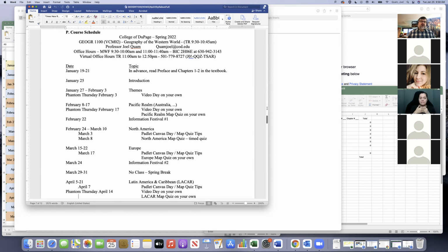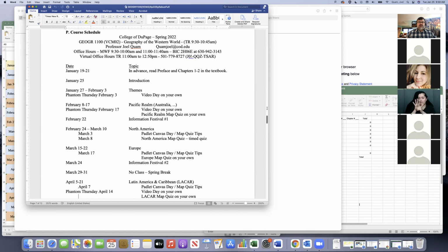From there, we'll go on to my first topic, which is called themes. We're going to do regions of the world, but I'd like to start with themes. These are topics I feel are important to help us frame the discussion of regional geography, our examination of regions of the Western world. So for instance, one of those themes is population.